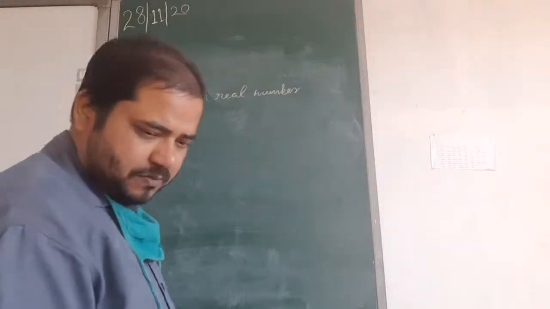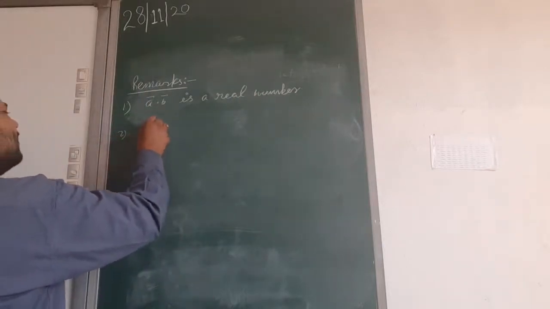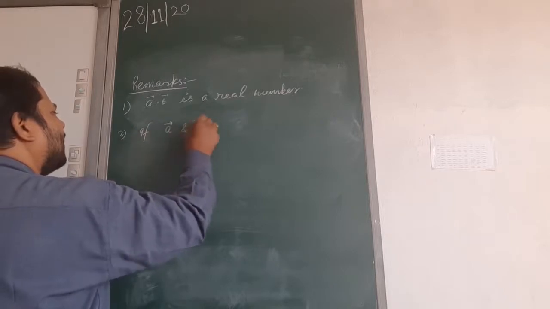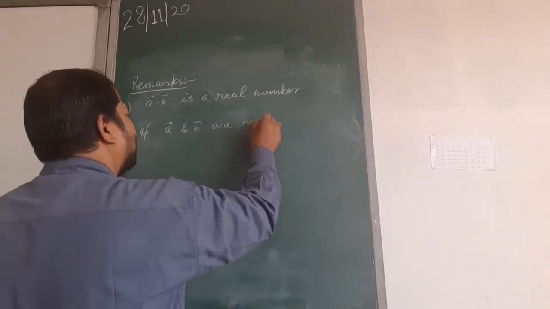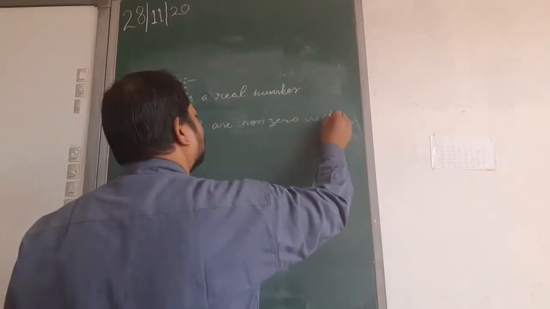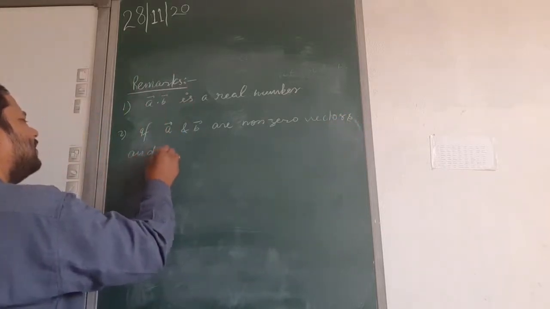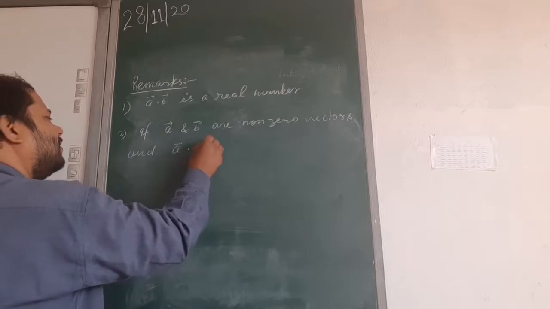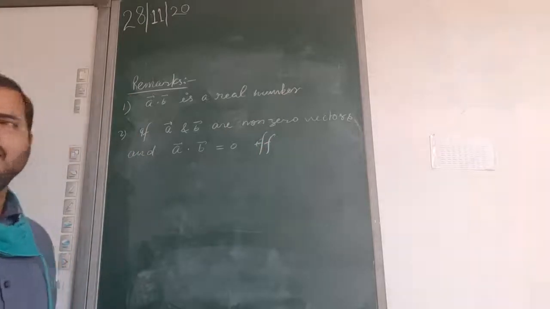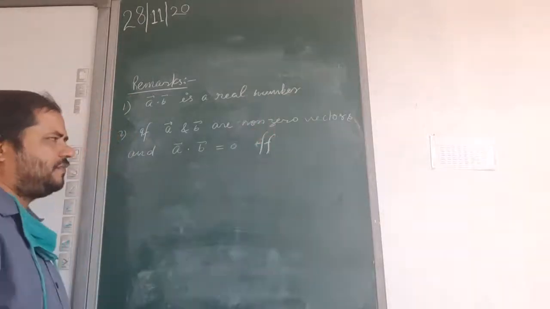Now second of them, if A and B are non-zero vectors and A dot B is 0 if and only if. What is this sign? This sign means if and only if. Iff.